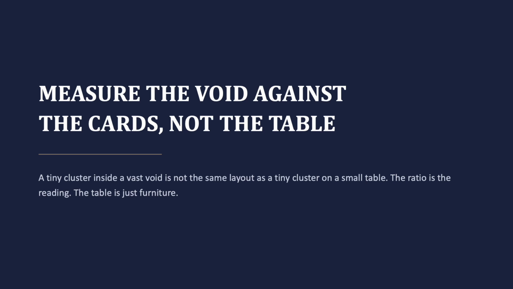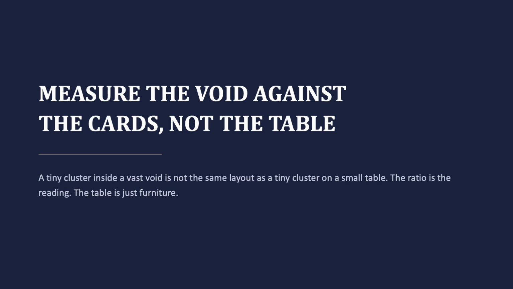So when you record the void size, record it as a relationship. The void is roughly 4 times the footprint of the cluster. The channel between the 2 groups is about as wide as 1 card. The margin above the spine is narrow, below it is wide. Those entries are comparable across sessions.